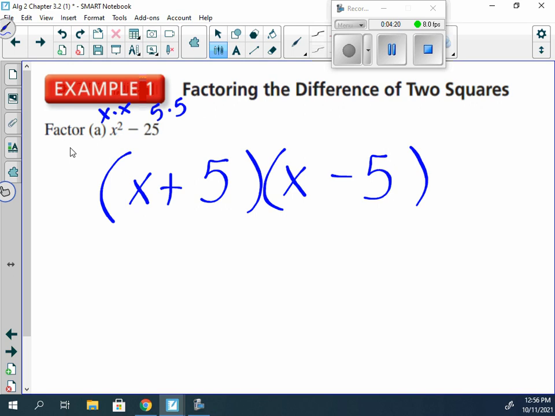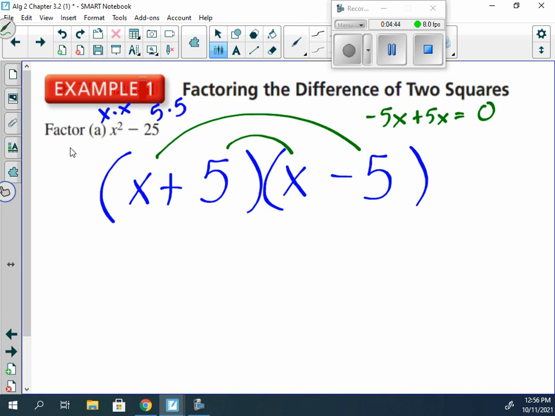Any questions on this here so far? Now, if we wanted to check it, we can. x times negative 5 would be negative 5x. 5 times x would be plus 5x. And negative 5x plus 5x is negative 5 plus 5, or 5 minus 5, which is 0.